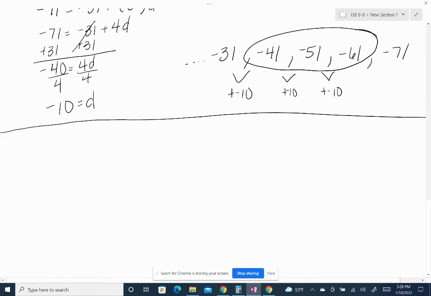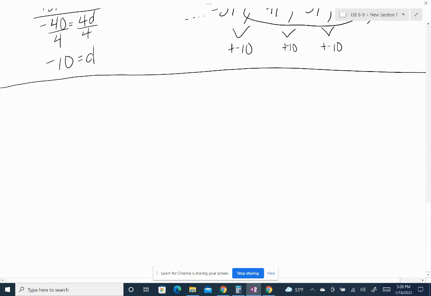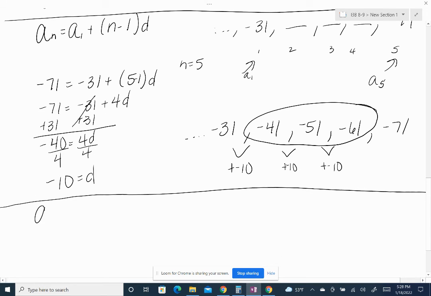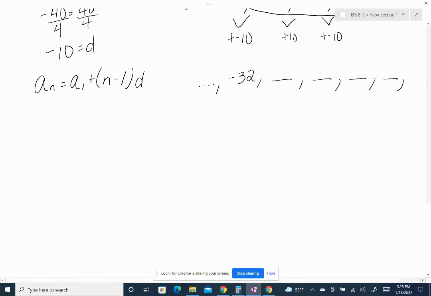Okay. And I have one final one we can do. So let me rewrite the main equation. And that's supposed to be negative 22 right there.